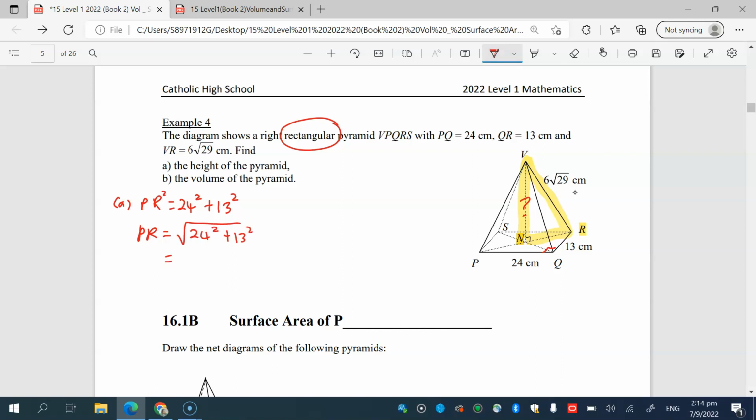When I square root it, I will get 27.294688. Okay, all these are irrational numbers, so you can write it to 5SF. This is not the final answer, right? So you write it to 5SF. Okay, 27.294 cm. That's PR. Okay, but you need NR because you want to use VNR to find VN.